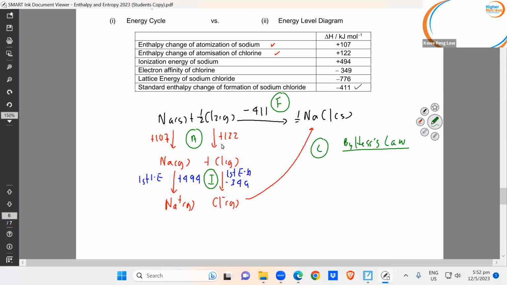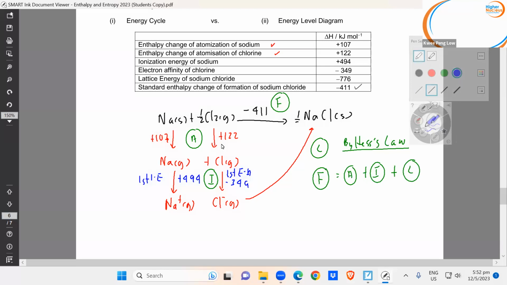If you look carefully, F is the only arrow that goes clockwise. Your A, your I, and your L all go anti-clockwise. So F is equal to A plus I plus L. Most often than not, when we draw a Born-Haber cycle, it is to calculate the L, the lattice energy. So this is a Born-Haber cycle in an energy cycle manner, which is my favorite.